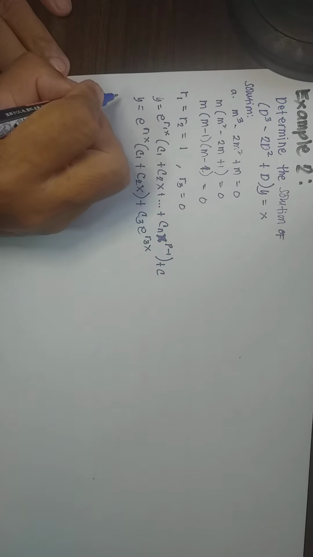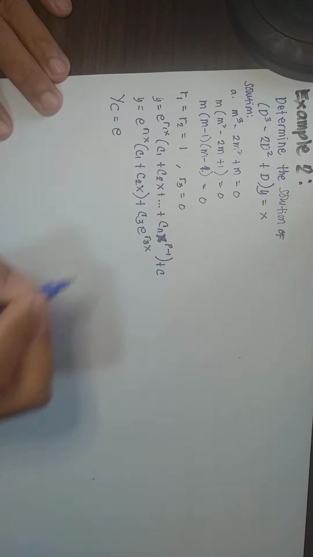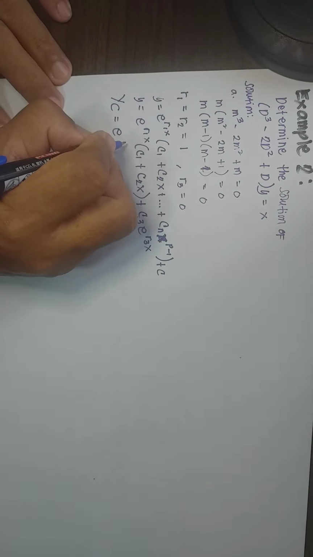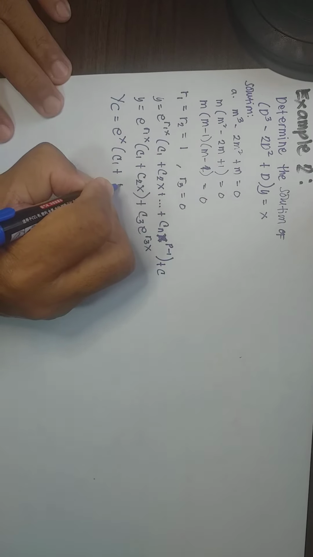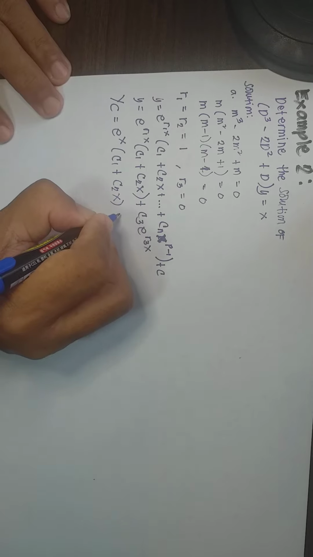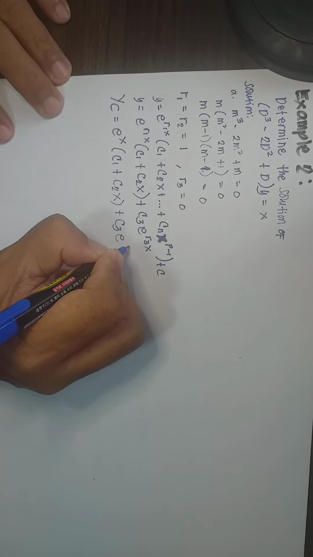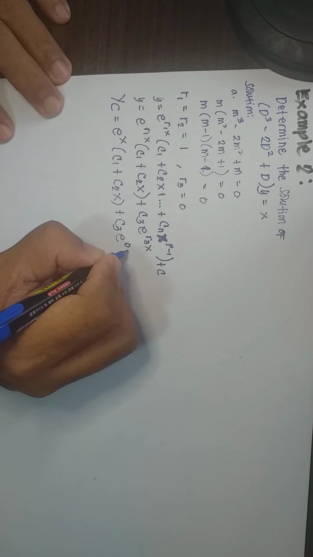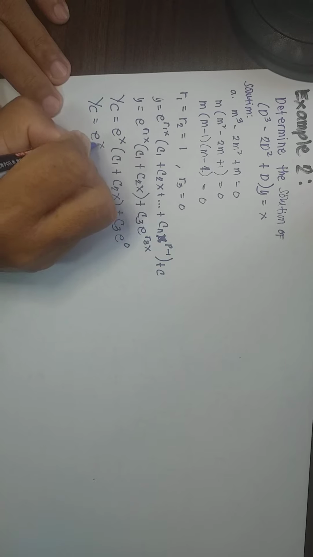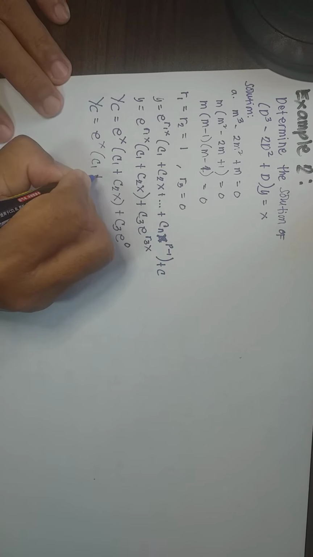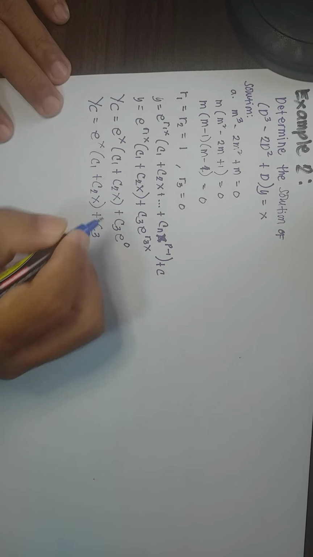In this case, we have yc is equal to e to the r sub 1 x, and r sub 1 and r sub 2 is 1. So we have e to the x times c sub 1 plus c sub 2 x, plus c sub 3 e to the r sub 3 x, where r sub 3 is 0. So we have yc is equal to e to the x times c sub 1 plus c sub 2 x plus c sub 3.